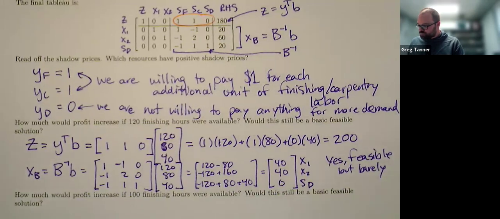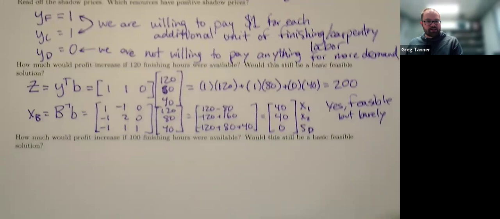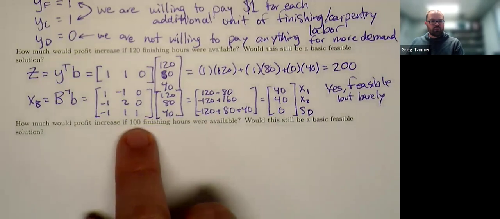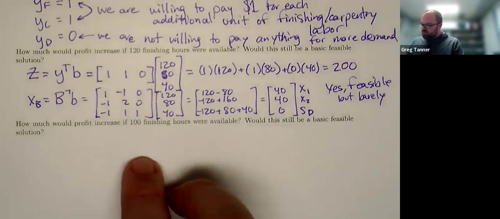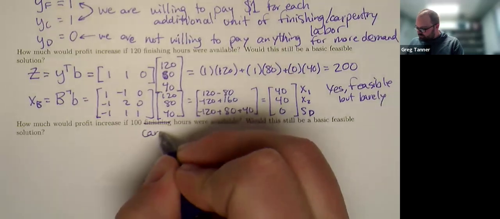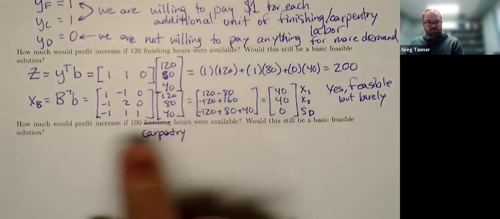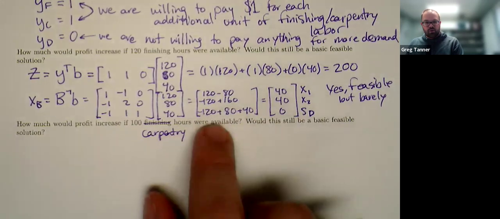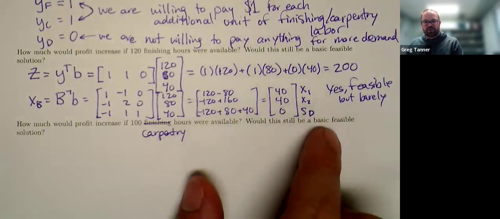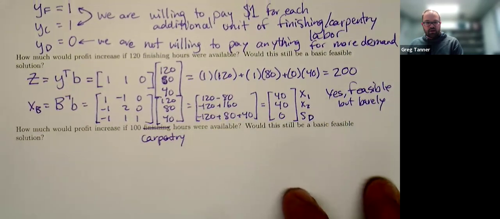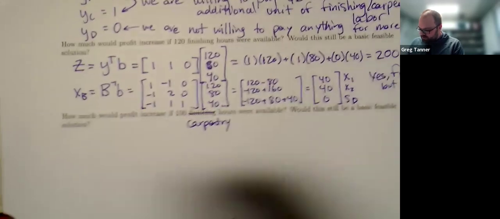Okay. So go ahead and try this next one. I think I meant to say this was carpentry hours. What if there were 100 carpentry hours available? What would be the profit, and would this still be a basic solution? So do the same computations, now with a new b vector.